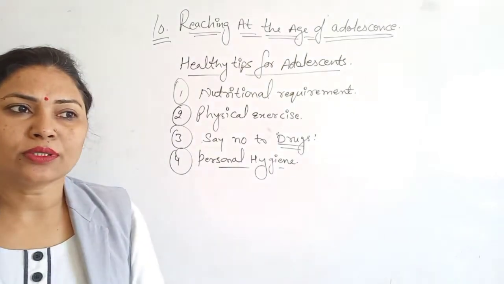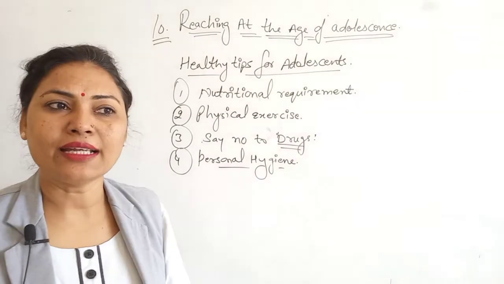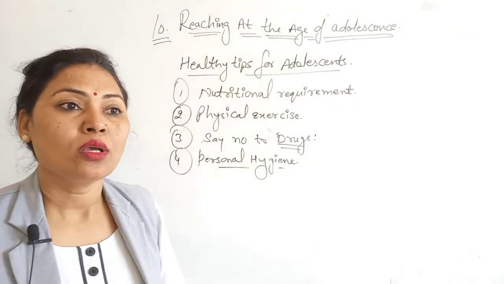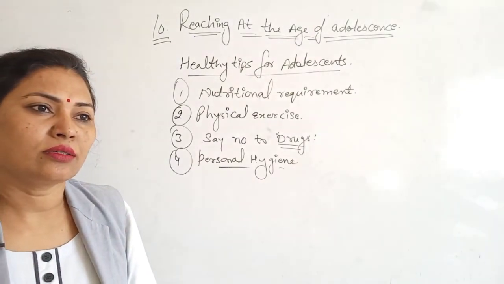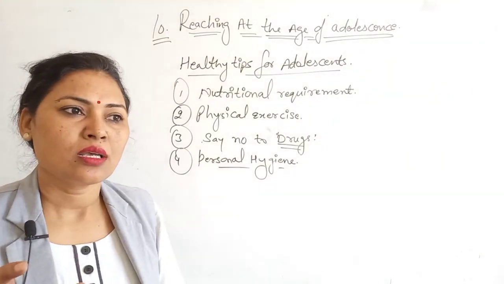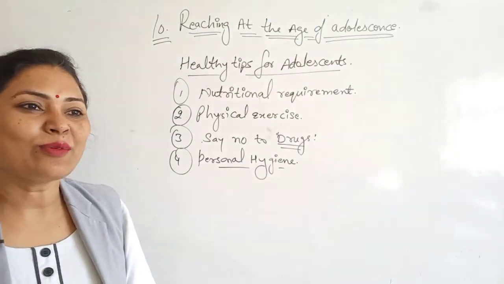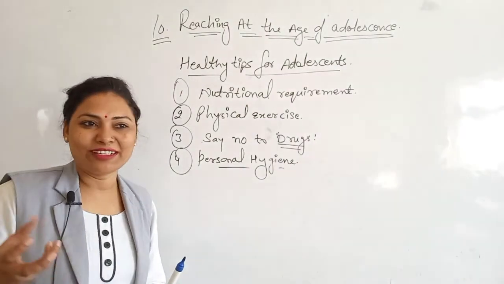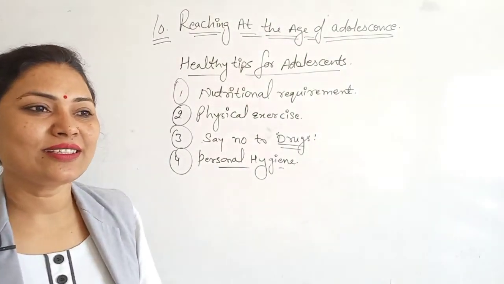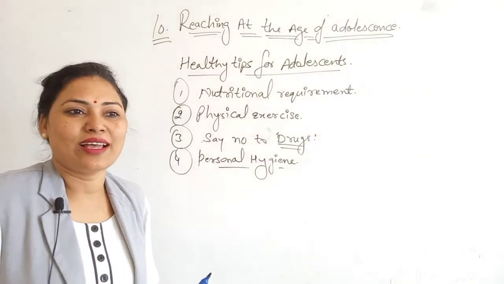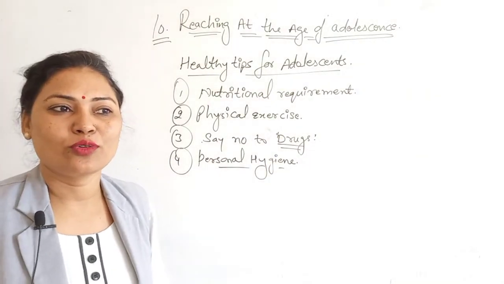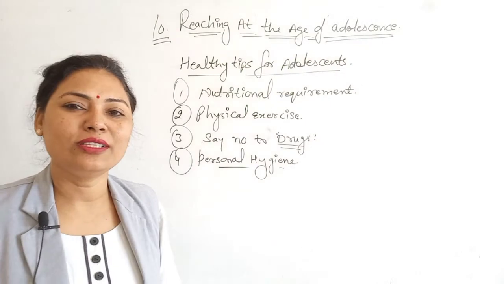For example, there are myths and taboos mainly regarding the body changes that adolescents experience. Some of these are given, and I will discuss them with you. We will argue why these are myths and not facts.